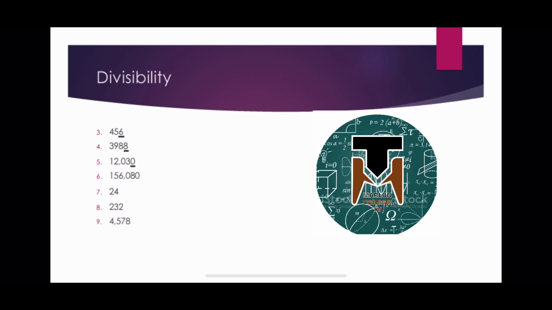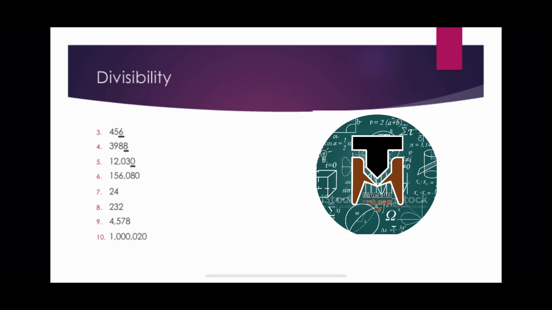For number 9, 4,578 is also divisible by 2 because it ends with 8. For number 10, 1,020,000 is also divisible by 2 because it is an even number and it ends with 0.